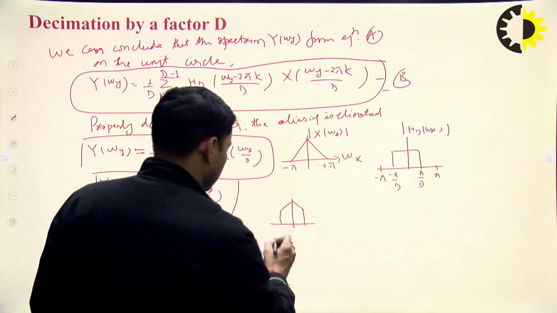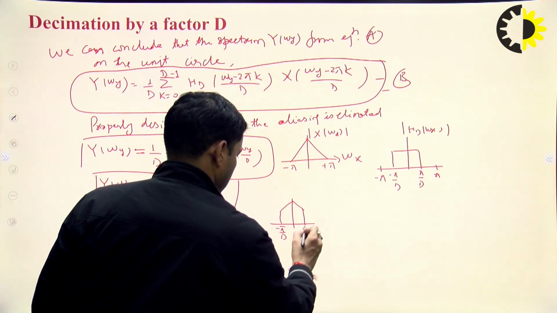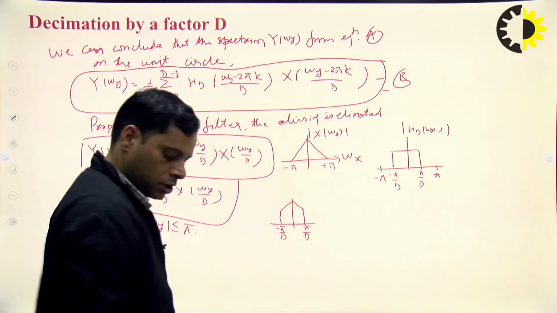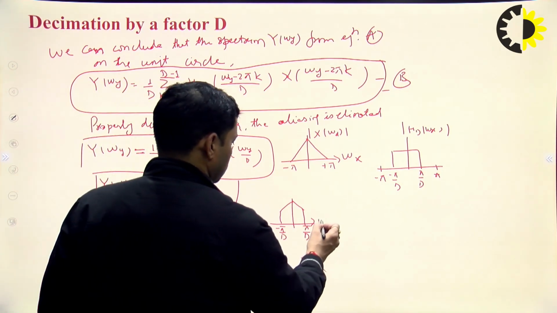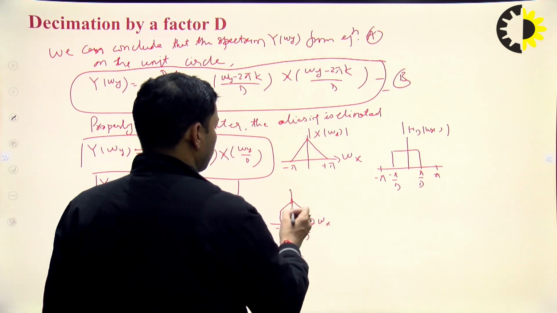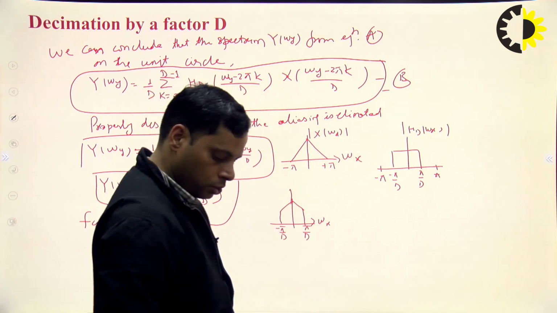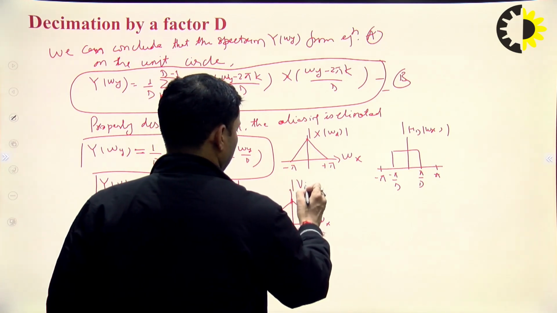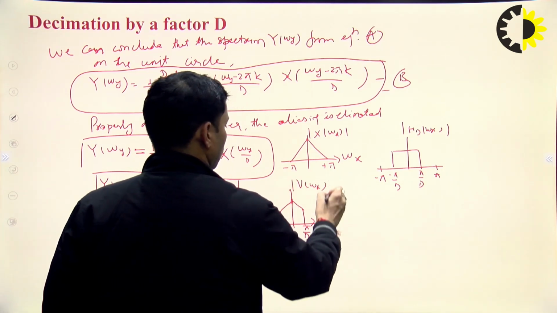This is the response when the output is the multiplication of these two, that is V of omega x.